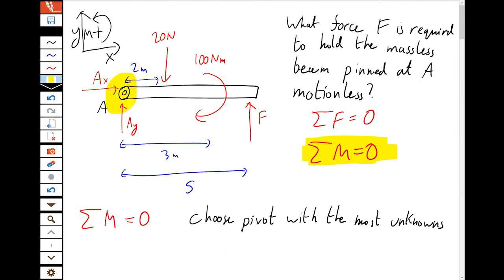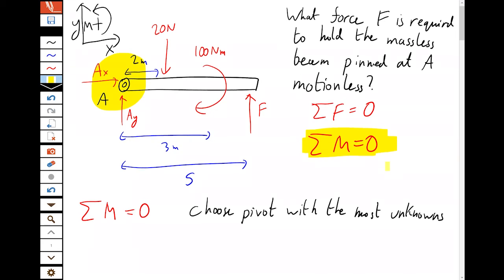A has 2 unknowns, and this point over here has 1 unknown. In fact, it actually has 2 because AX goes right through it. So we're okay with either of those. So for convenience, we'll take the pivot point as the hinge at A. Usually, if you have a nice single hinge like that, or a ball and socket joint in 3D, which you'd look at later in the course, you'd always choose it there. So we take the moments around there.